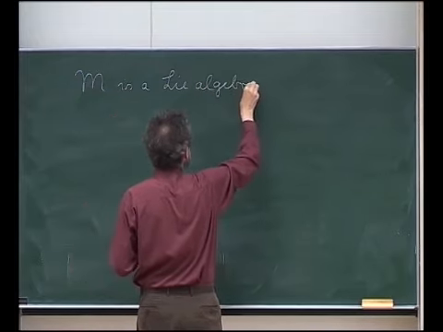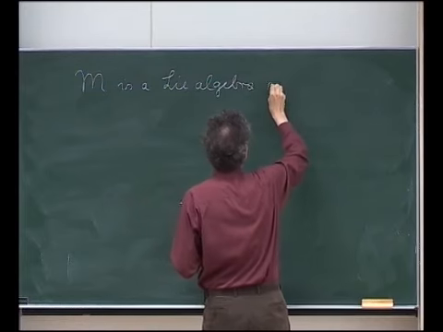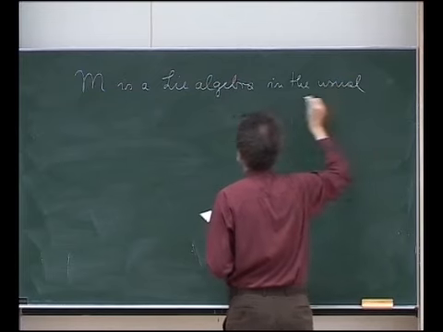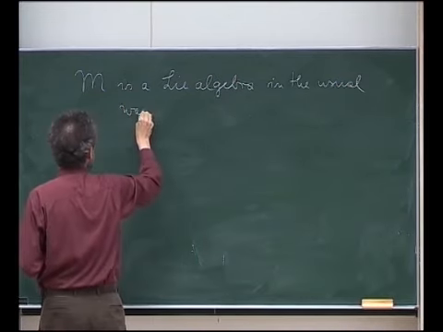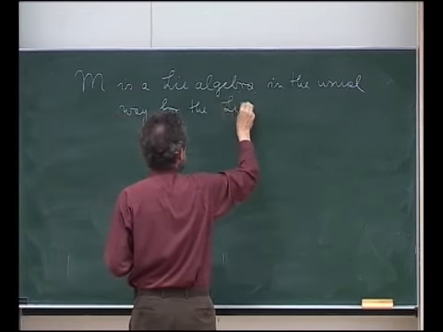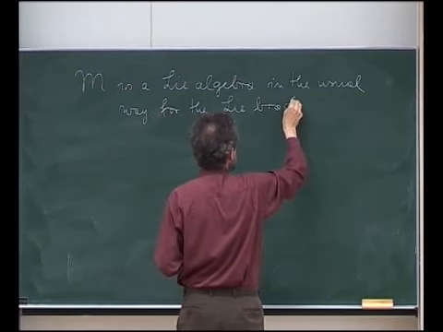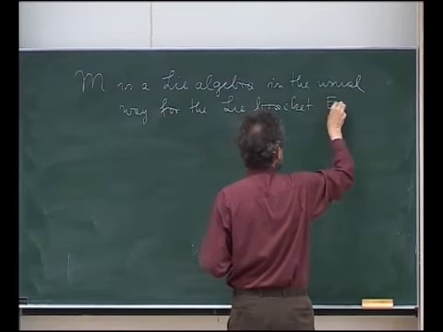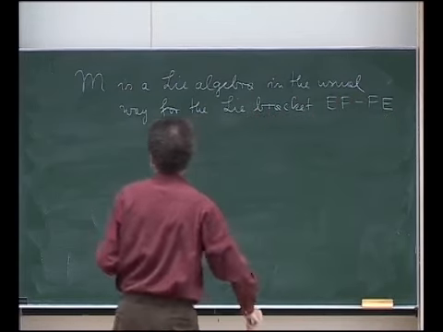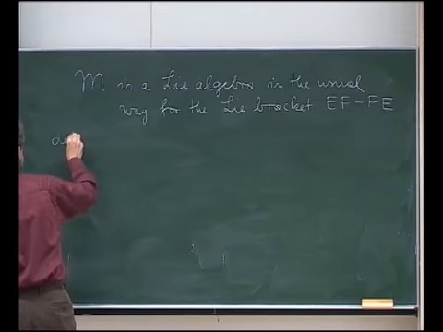So M is a Lie algebra in the usual way, for the additive Lie bracket.